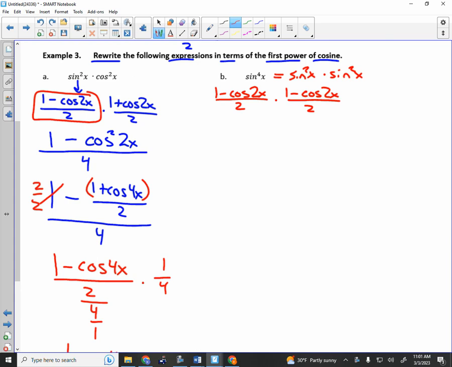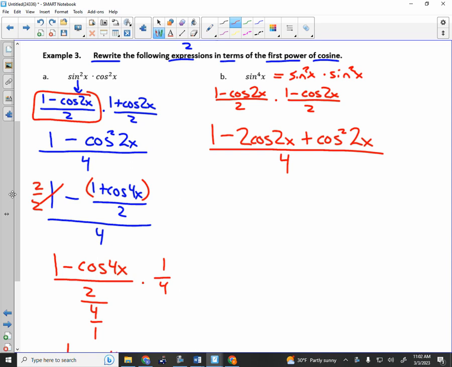And that's okay. 1 times 1 is 1 minus, not 4 cosine, but there's 2 cosine of 2x, plus cosine squared of 2x, all over 4.